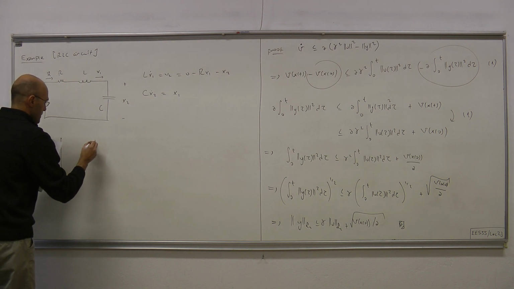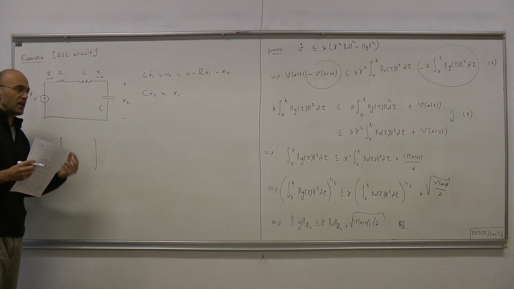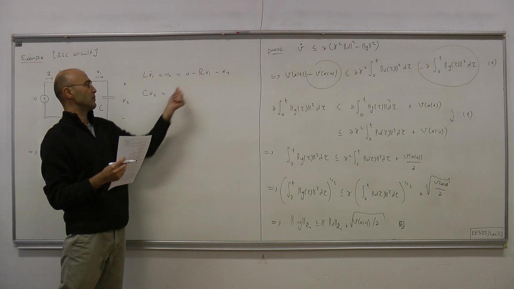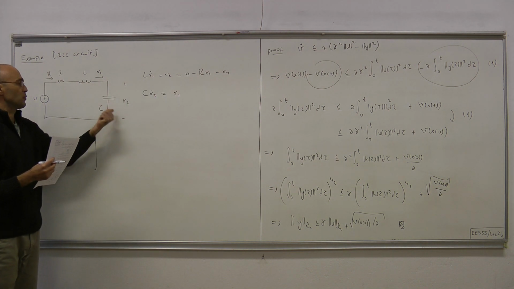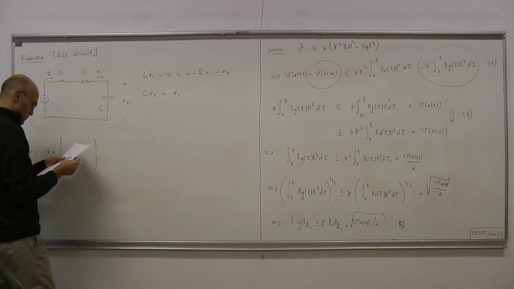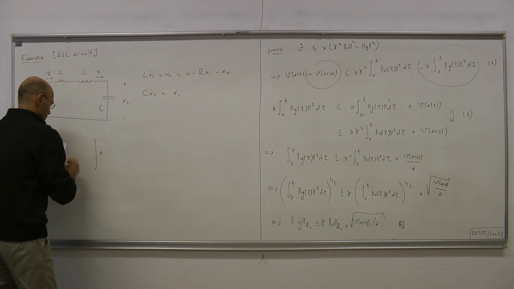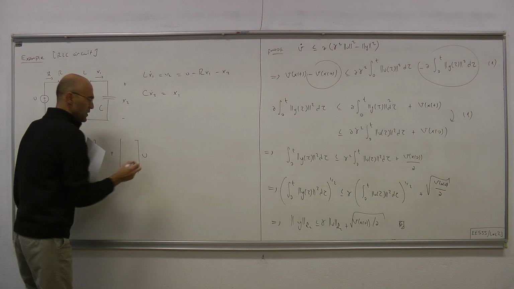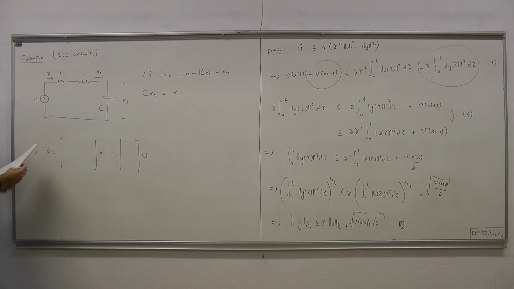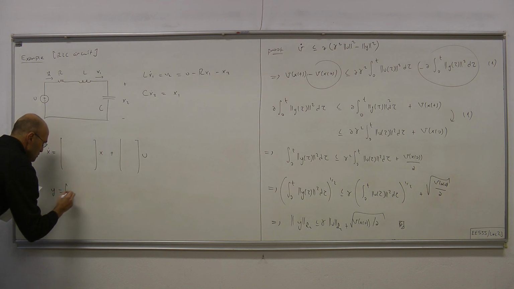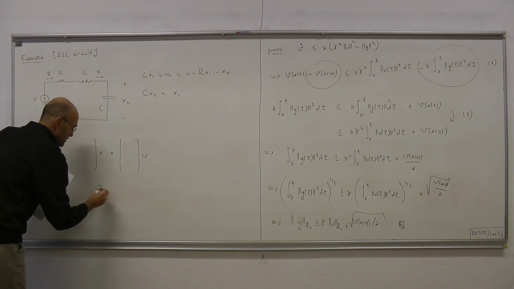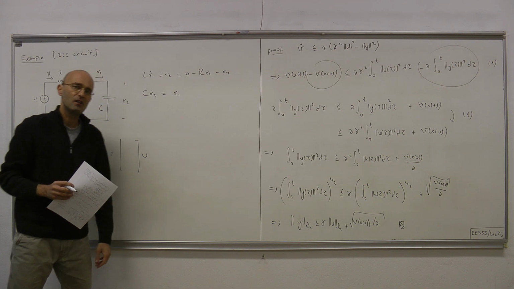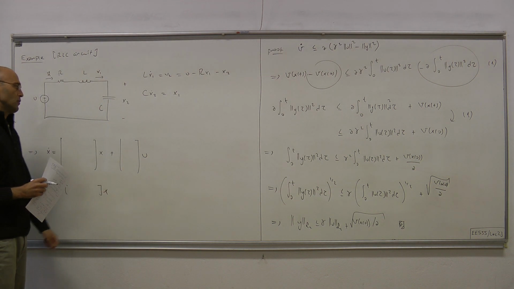So x dot, where x is x1, x2, our state variables, equals the A matrix times x plus the B matrix times U, and the output equals the C matrix times x plus the D matrix times u. In this case, the D matrix is 0, we don't have to write it.